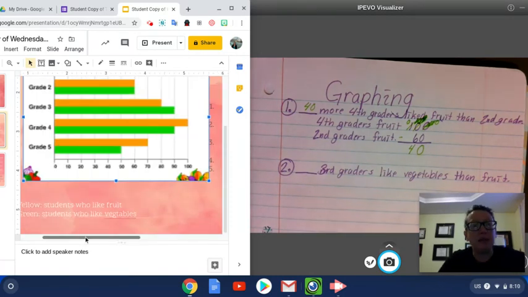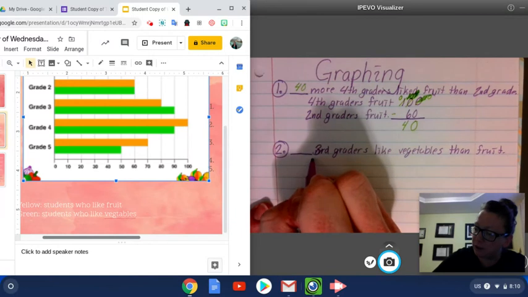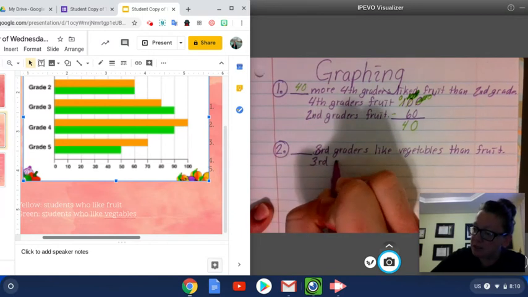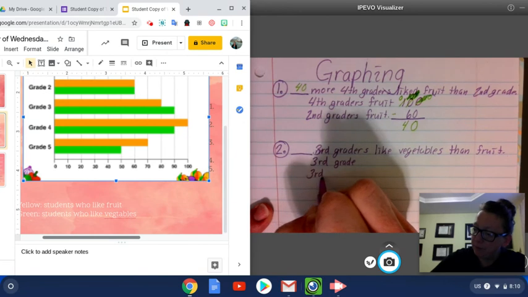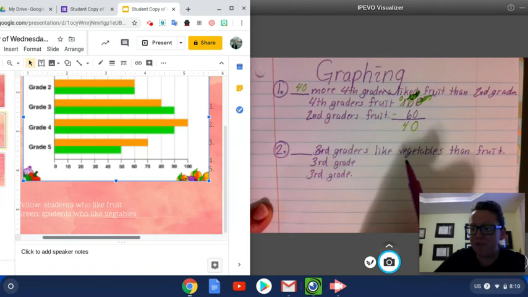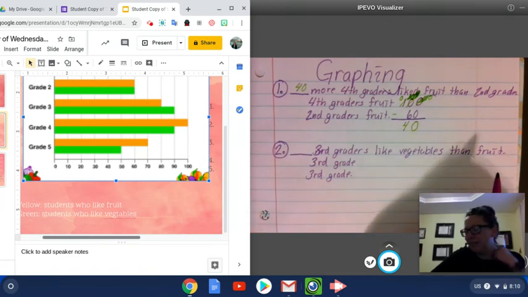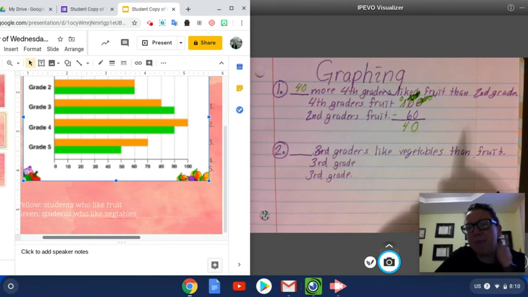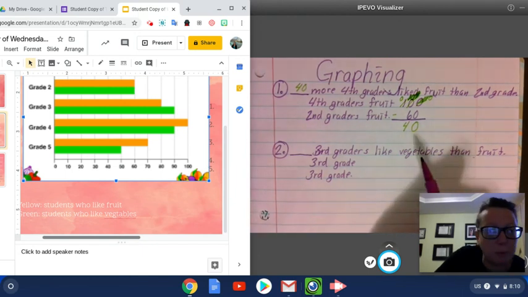Now I need to look at both of their green and orange because now we're talking about vegetables and fruit for only third graders. So this is third grade. And if it says how many third graders like vegetables than fruit, should be able to tell me that more students are going to like vegetables than fruit.